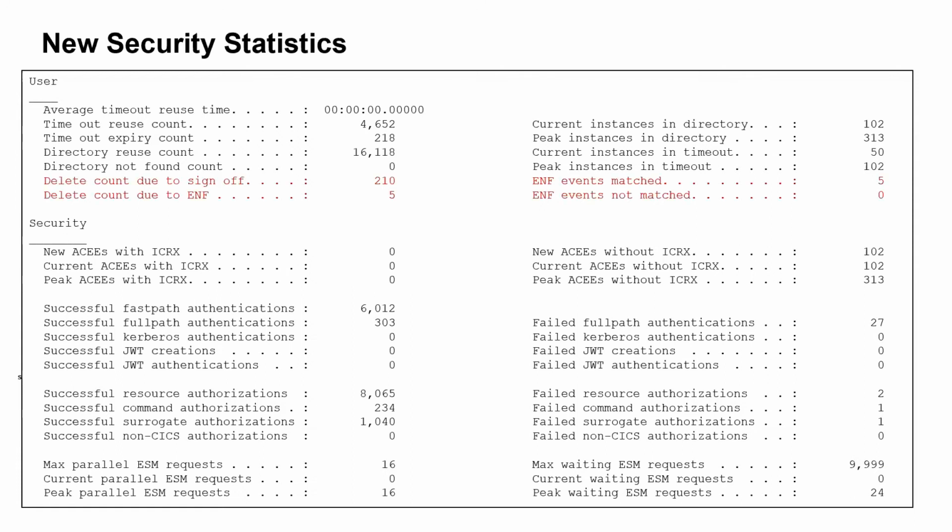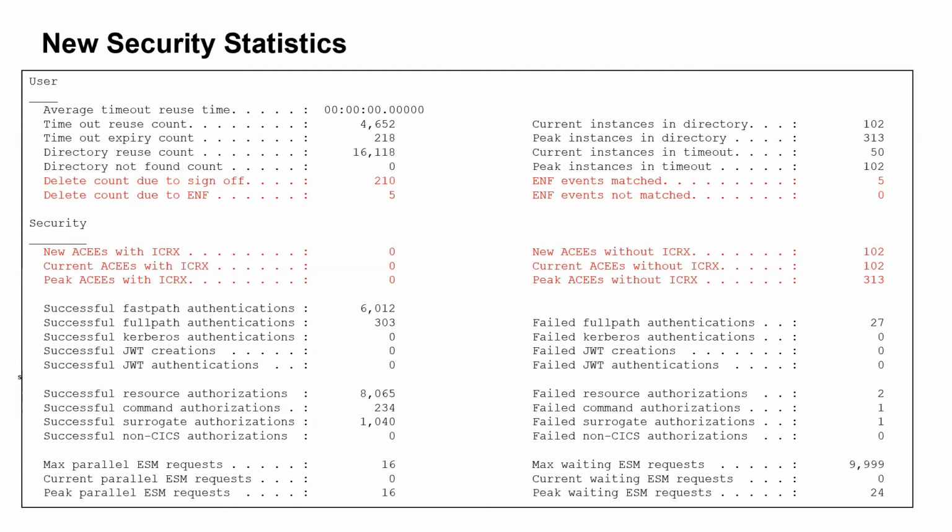So what we've got to start with here is some information in the user domain for the number of ENF events that one gets. Now, this is all about an option that was introduced in 4.2 in CICS, where CICS could listen to RACF if a change was made to RACF to add somebody to a group or remove somebody from a group, or alternatively, if somebody was revoked.